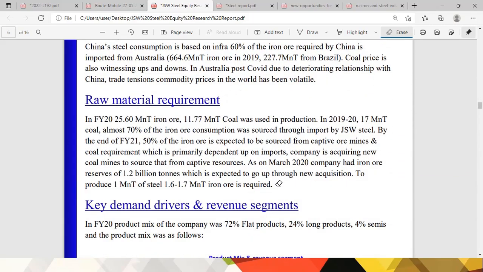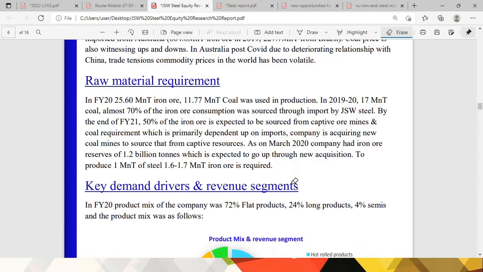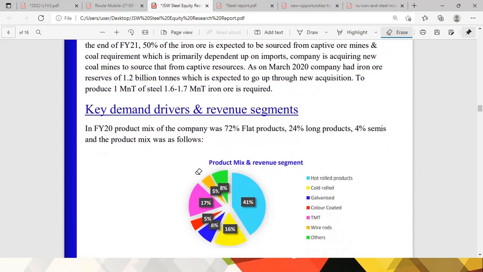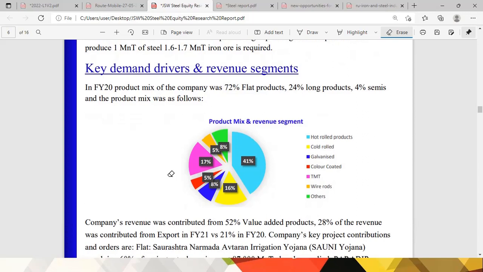Then I have discussed here about raw material requirement, what are the raw material required for the production of this steel. Key demand drivers, revenue segment, and what are the things that drives company's revenue.